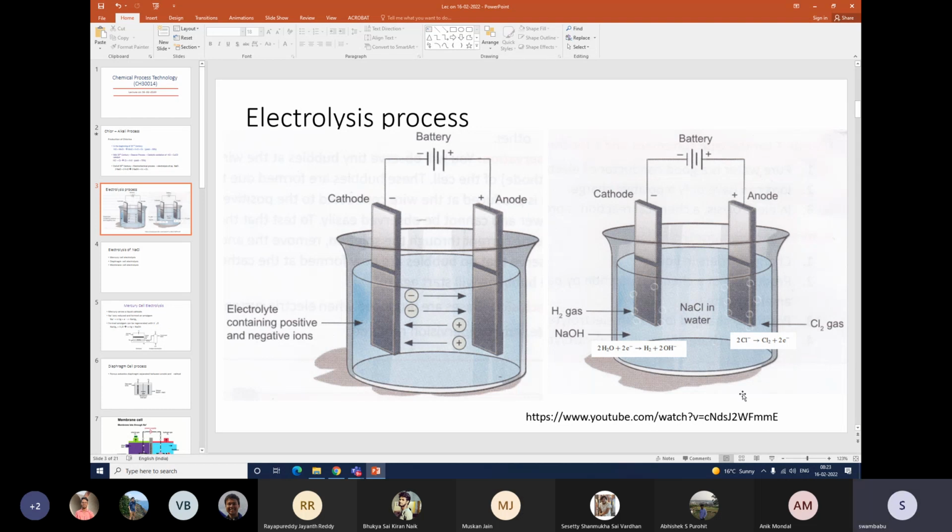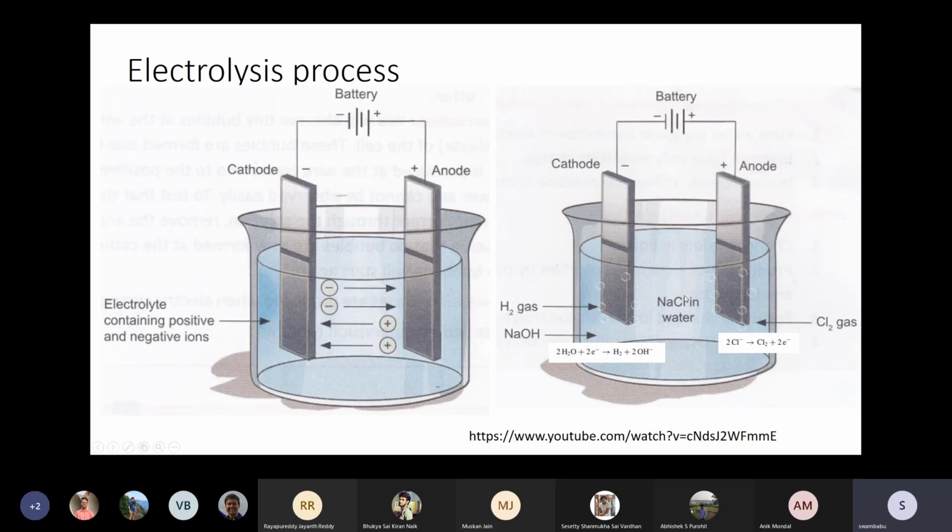So what is the issue if I directly do it like this? Some of the drawbacks with this direct electrolysis are that we will never be able to achieve 100% conversion of NaCl into NaOH, chlorine gas and hydrogen gas.